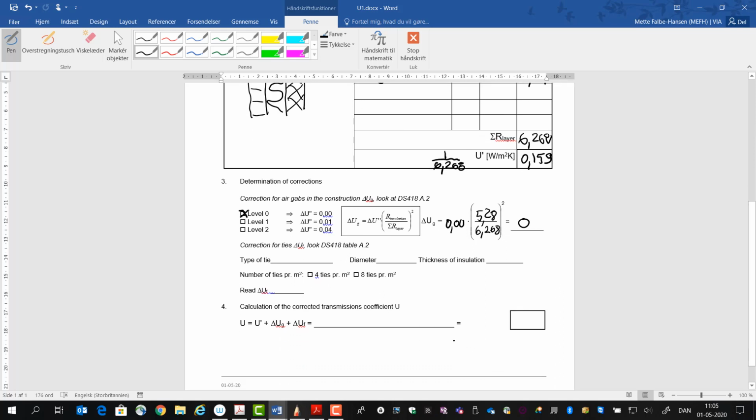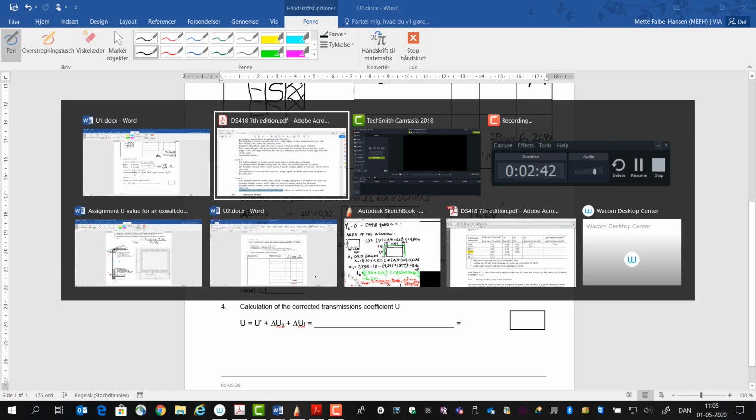It was written there that we had stainless steel. And the diameter was 5.5, and we had an insulation thickness of 0.19, and we had 4 wall ties per square meter. And again, we go to DS 418 to find out.